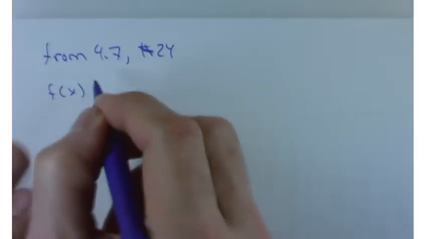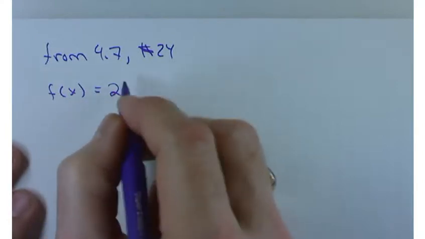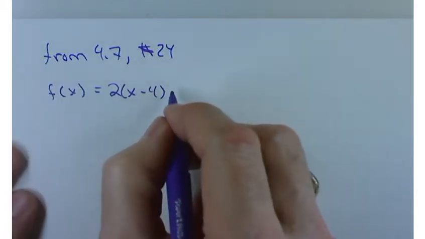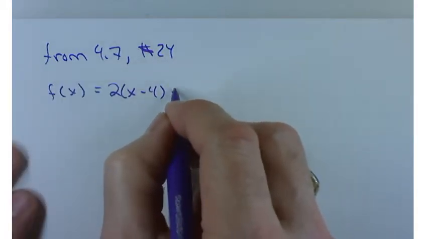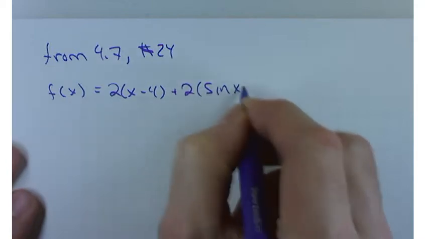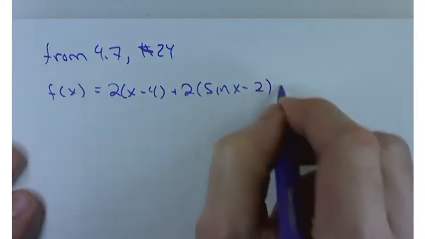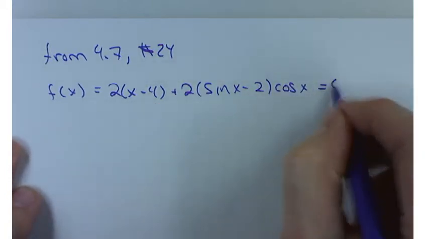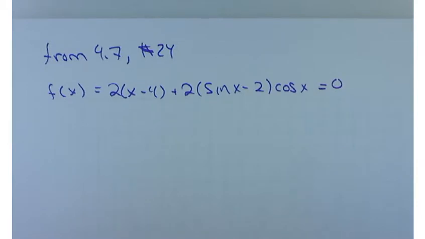From 4.7, number 24, we solved, or at least I said we could solve, this equation in the last section. f of x, I think this was actually the derivative, so maybe I should call it f prime of x, but whatever: 2 times x minus 4 plus 2 times sine of x minus 2 times cosine of x. And I want to know, where does this equal 0? Where does that cross the x-axis?